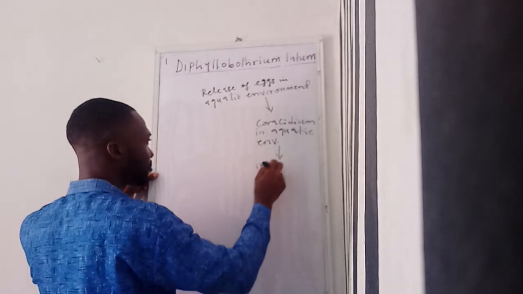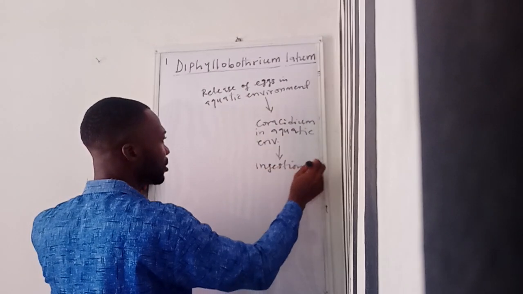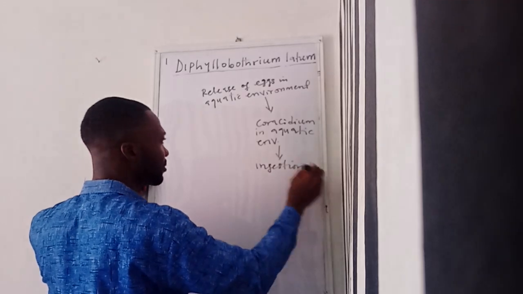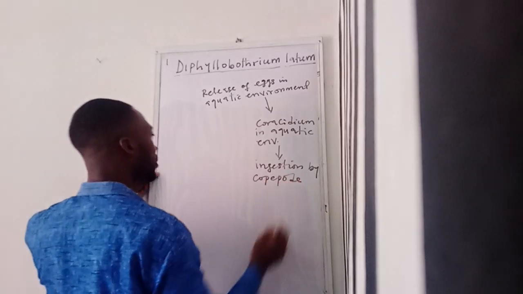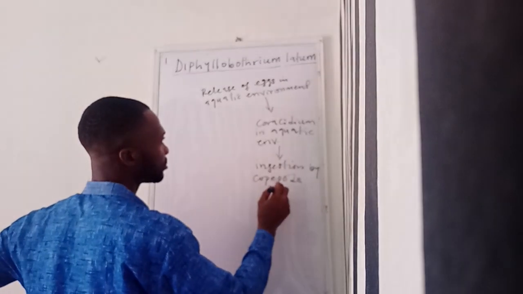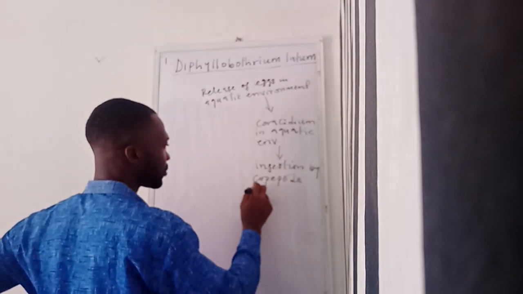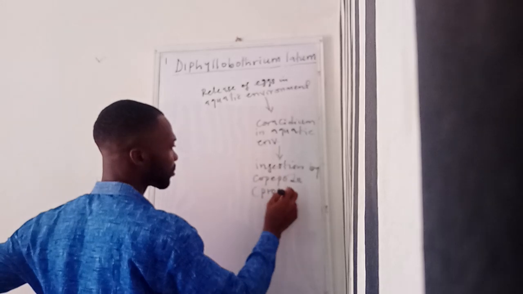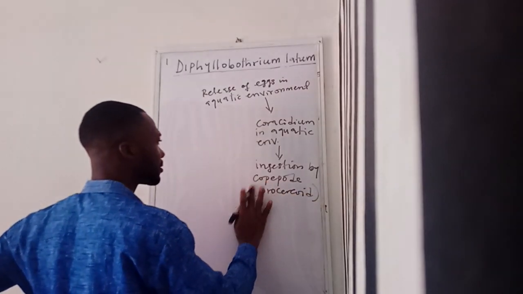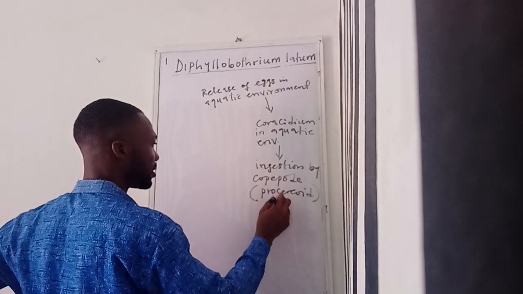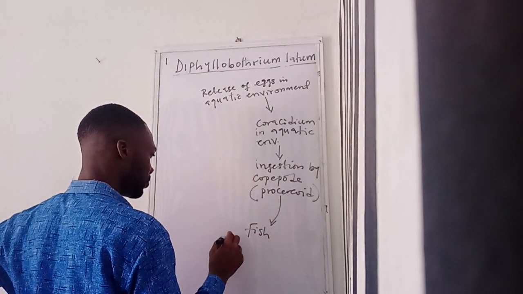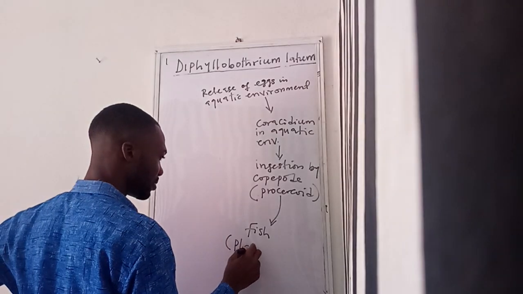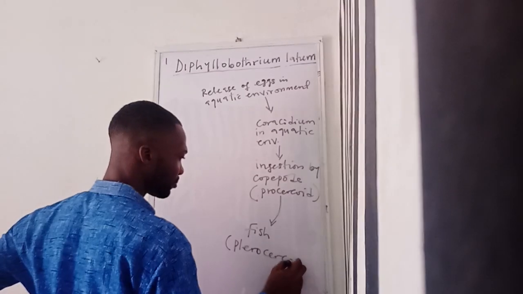Then ingestion by copepod, whereby it transforms into procercoid. Then ingestion by fish, whereby it transforms into plerocercoid.